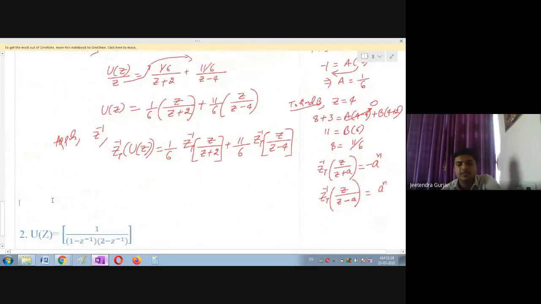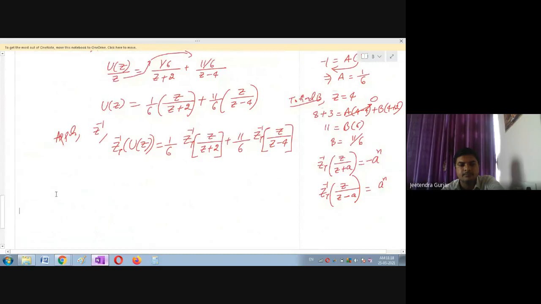Therefore, you can see here very well. Here a is 2. So I will just substitute. The last step is inverse z transform you are going to apply. Remaining simplification and substitution will be there, students.